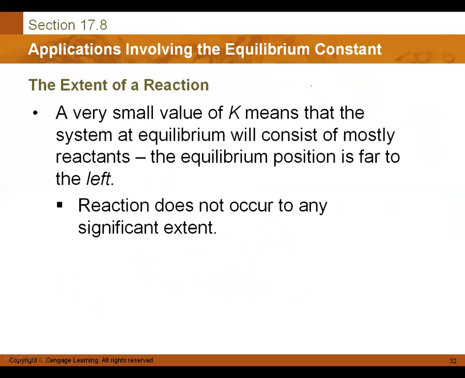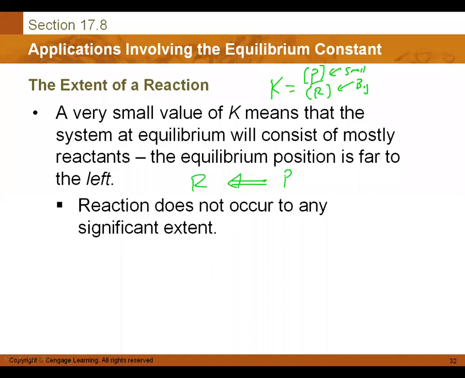The only way to get a small value when we take products over reactants is to have a bigger number on the bottom than on top. So a small number on top divided by a big number on the bottom gives you a small number. What that means is the equilibrium lies to the left, that you mainly have reactants at equilibrium rather than products.